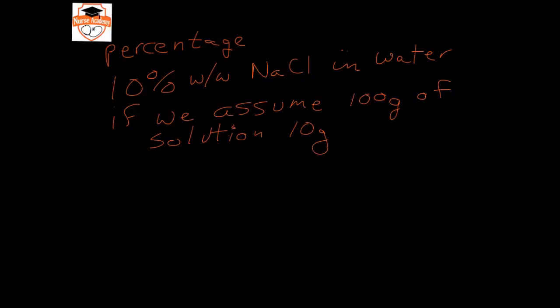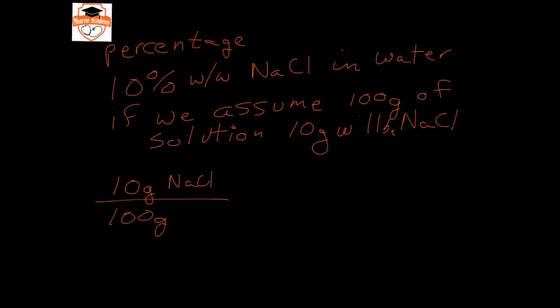So we would have 10 grams of sodium chloride over the 100 grams of solution, which is the sodium chloride and the water solvent. So a percentage is going to be the parts per 100 parts, whether the part be mass in grams or whether the part be volume in milliliters or liters. Both percentages are going to be put out like this.